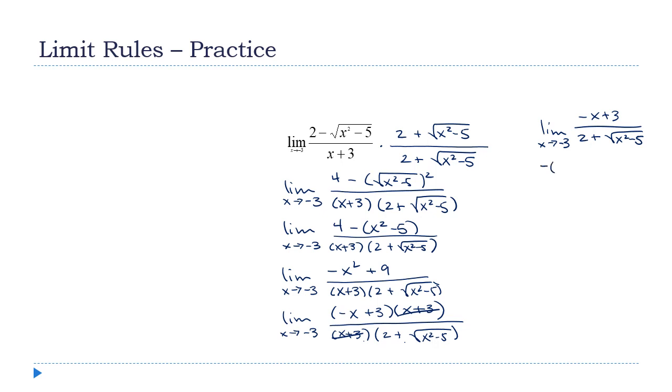This is now (-(-3) plus 3) over 2 plus the square root of (-3) squared minus 5. The numerator turns into 3 plus 3, that's 6, over 2 plus, and what's going on in here? This is 9 minus 5, so that's the square root of 4, which is just 2. So this is 6 over 4, which is 3/2. That's it. Now we're done, right? That's my limit.